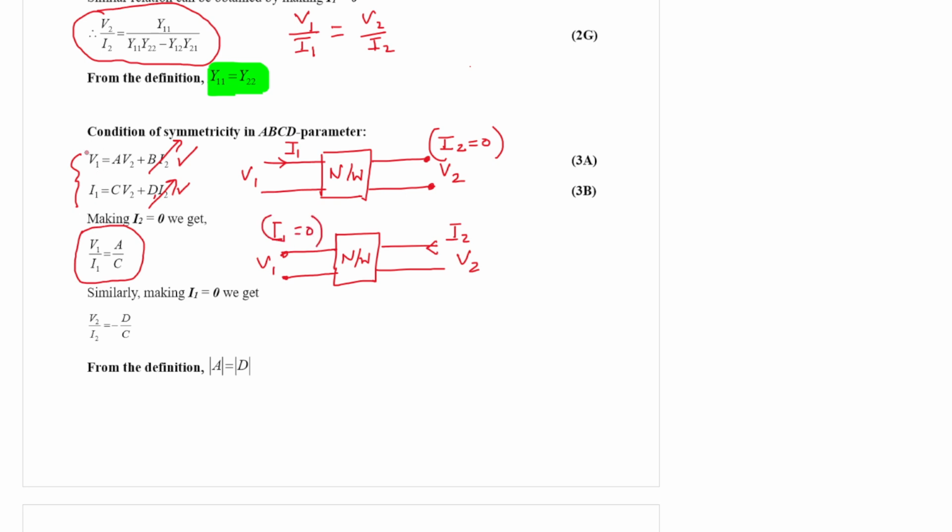So when V1 is equal to 0, V2 by I2 should be minus D by C, from 3a. So as per the definition, A by C is equal to minus D by C. This is the condition: the magnitude of A and the magnitude of D must be the same.